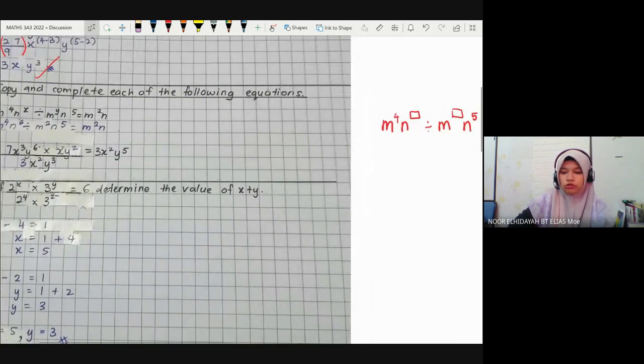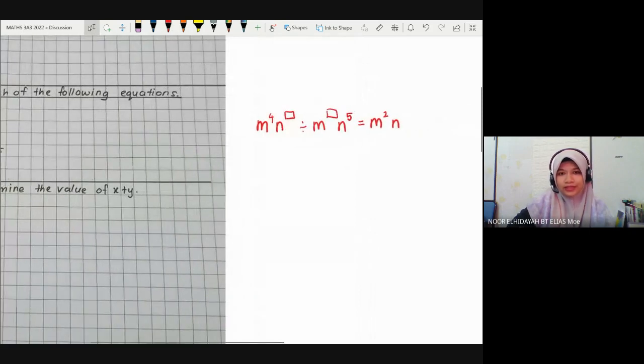So you have to apply the linear equation. How to apply the linear equation? We will solve for the same base first, we solve with m.